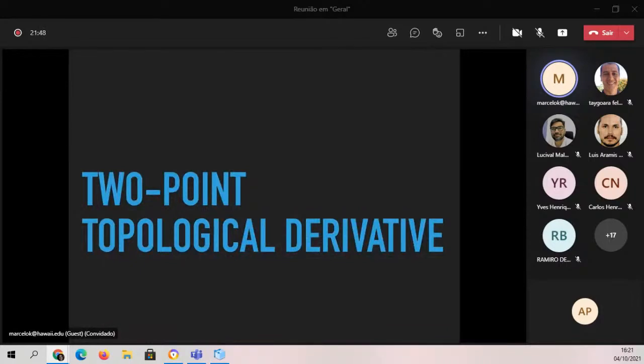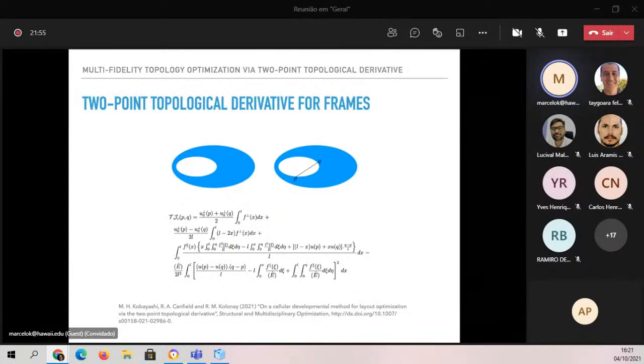Okay, so now the 2-point topological derivative. This is the title of this talk. This concept that I introduced recently comes to answer the question that my friend had asked. So where to place a spar or rib?